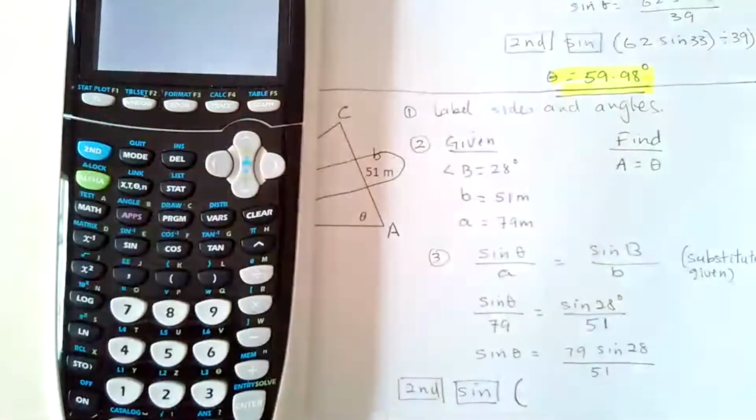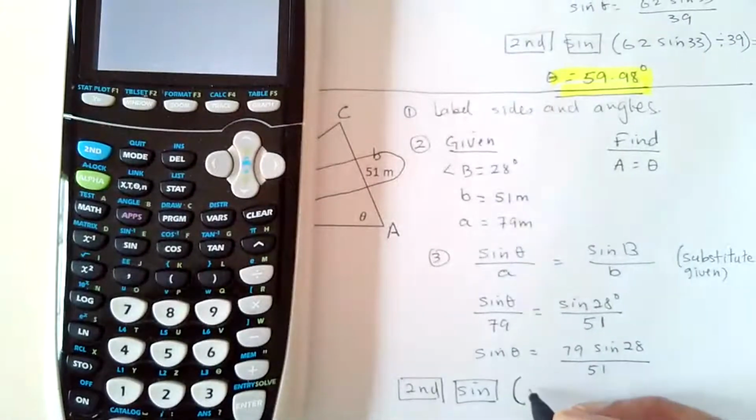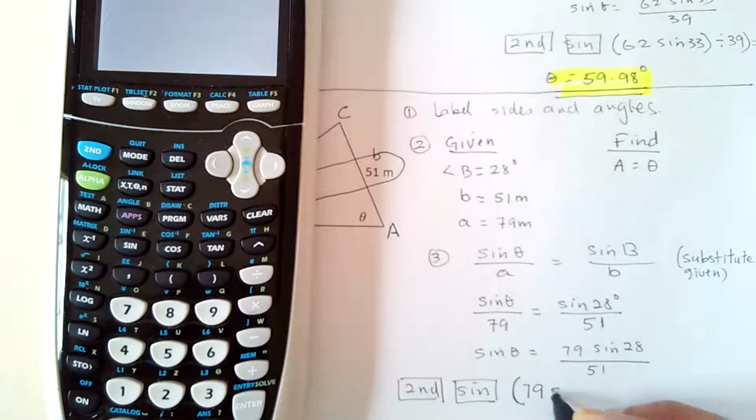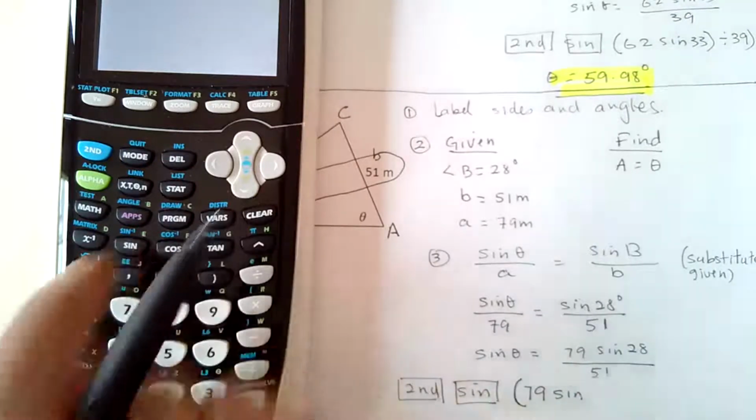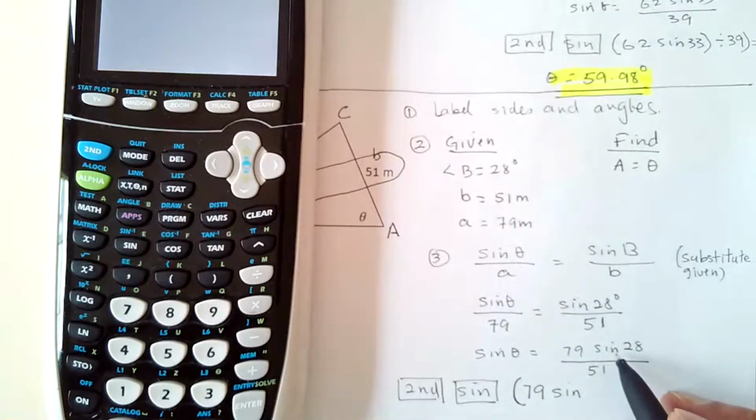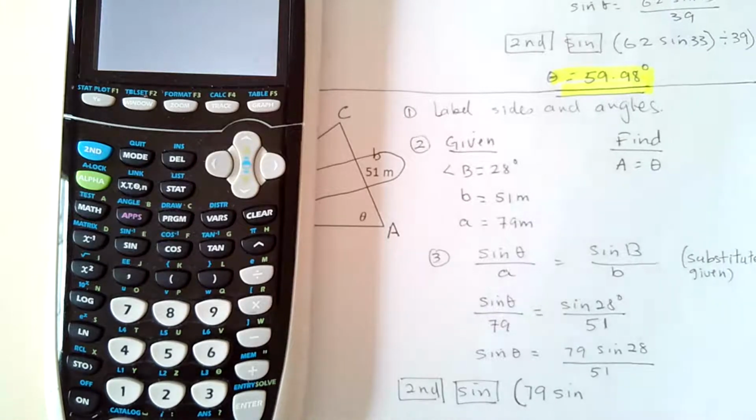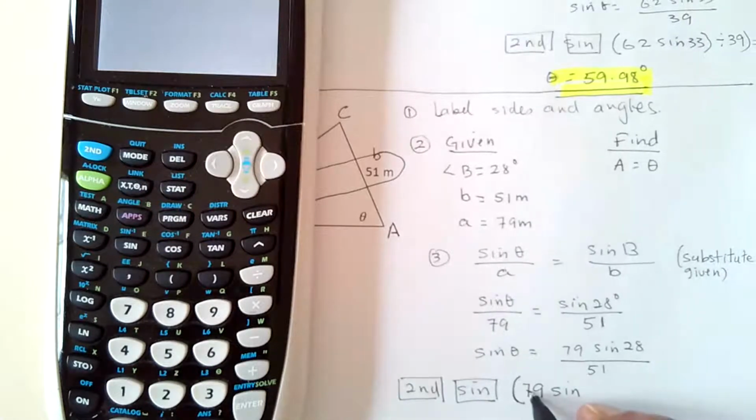We just don't need a double open bracket there. So 79 sine. That's why I reminded you to record the word sine in your sine rule to remind you to input that into your calculator. Sine 28.